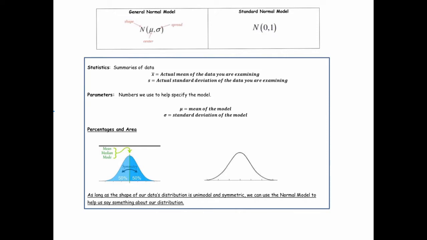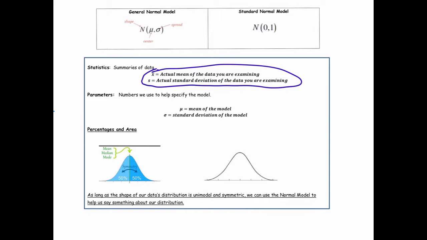So there is an actual mean height of males in the U.S. Okay, we'll never be able to get all the males to line up and measure their height. But mu would be the true population mean height for males, and sigma would be the true standard deviation. But we always gather a sample and do statistics. Okay, so those symbols represent the statistics we gather on our data.